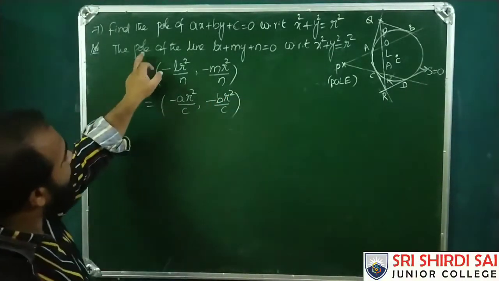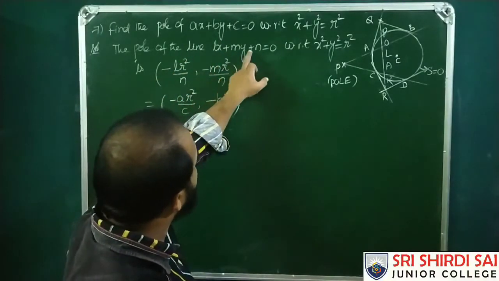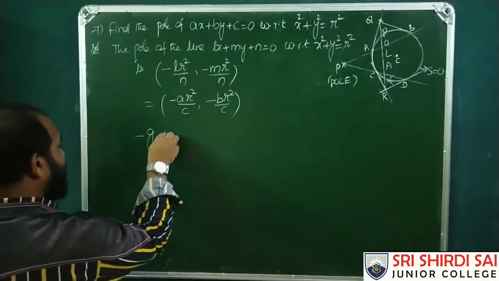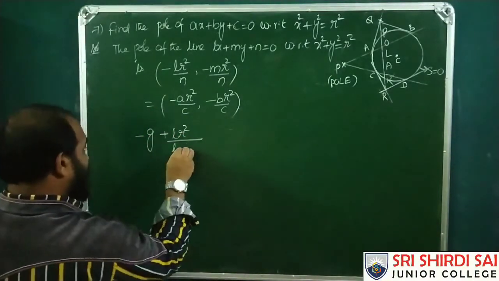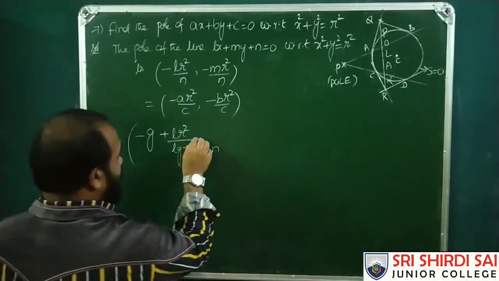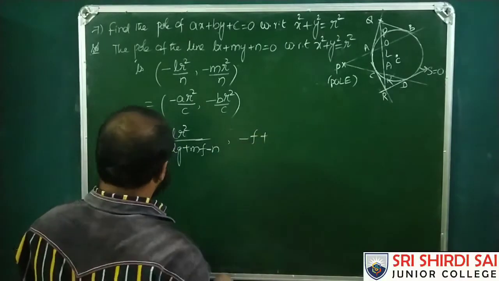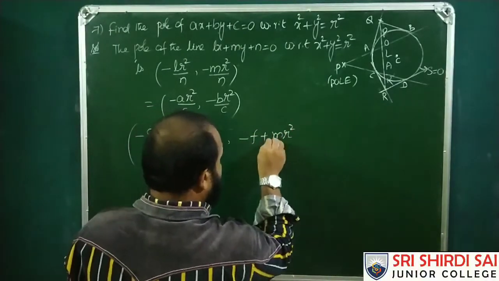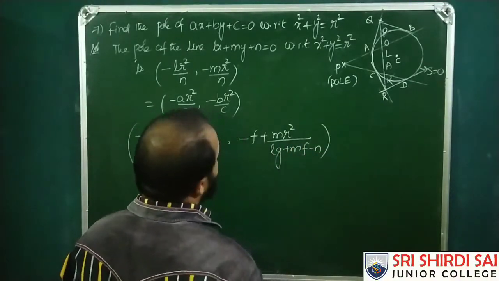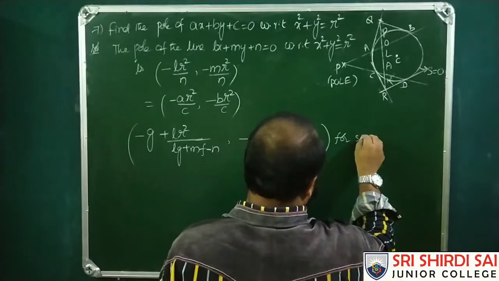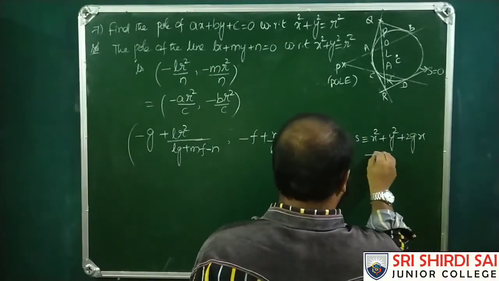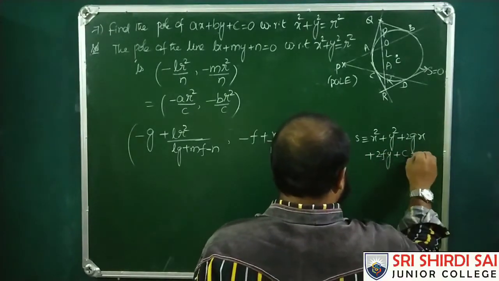The same pole of the line Lx + my + n = 0 with respect to the general equation of a circle x² + y² + 2gx + 2fy + c = 0 is (-g + L r²/(Lg + mf - n), -f + m r²/(Lg + mf - n)).